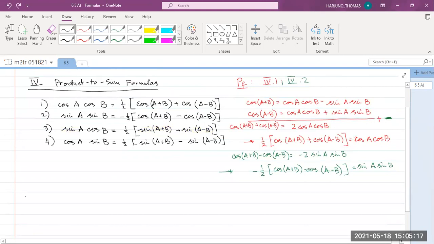Now for sum to product formulas, group 5, let me write them out first.